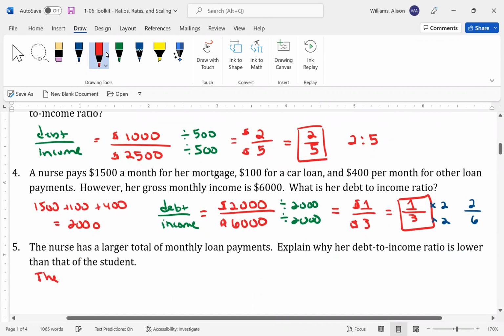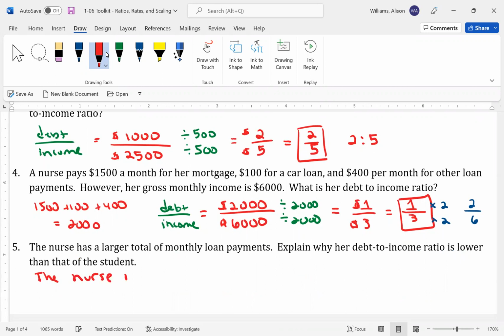So the nurse makes a lot more per month. And that causes her debt ratio to be lower. And we're comparing that for every $2 of debt, she makes $6 in income, where the student is $2 of debt, it's $5 of income. So she makes this extra dollar for this debt comparison.